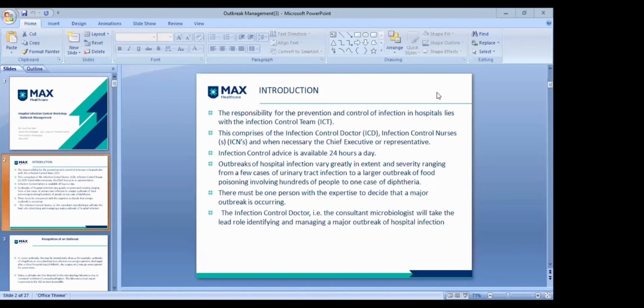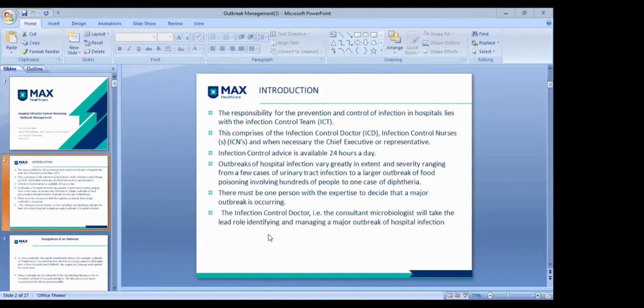As we have already discussed in the morning lecture, it consists of an infection control doctor, infection control nurses, and when necessary, a unit head or chief executive, or a chairperson or medical director, some representation from a higher administrative person. Infection control advice should be available 24 hours a day, but that is very difficult. It is practically not possible.